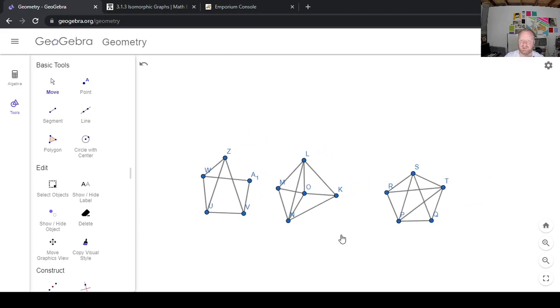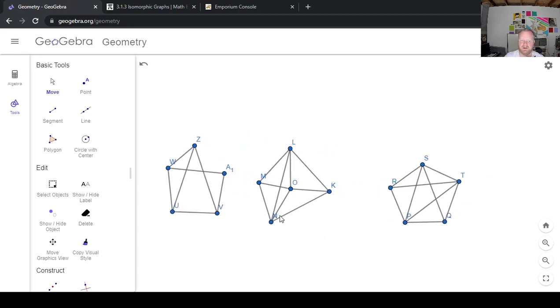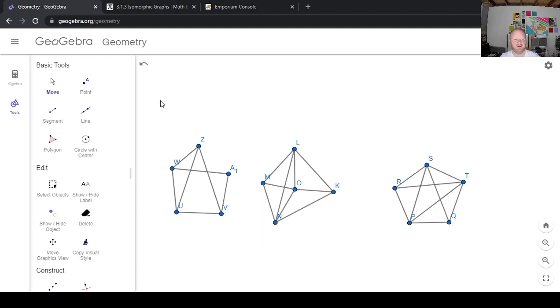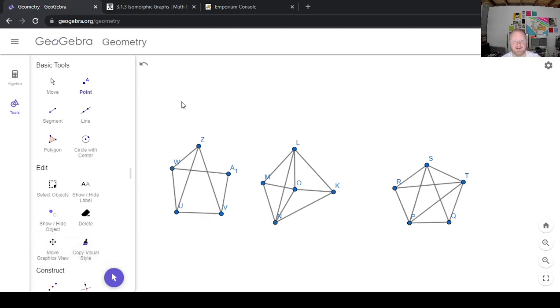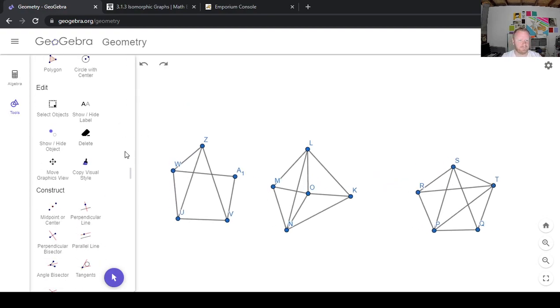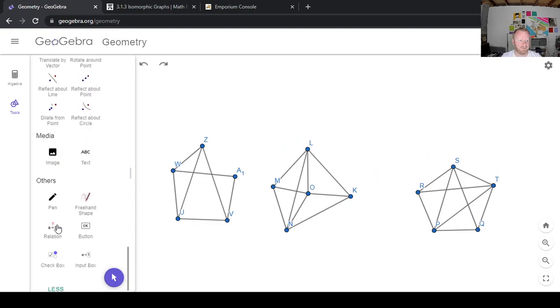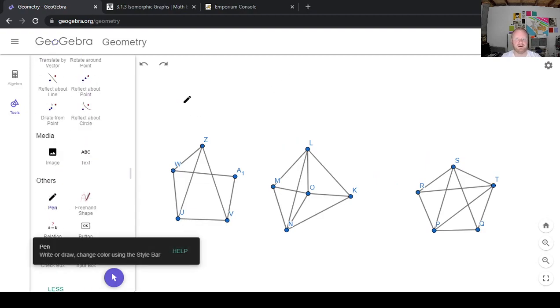So the next problem I want to work with here is seeing if these graphs are isomorphic. So we'll do that in pen here.